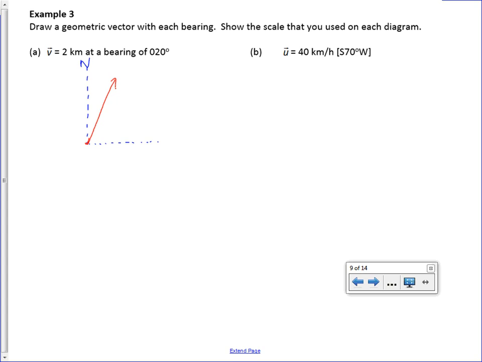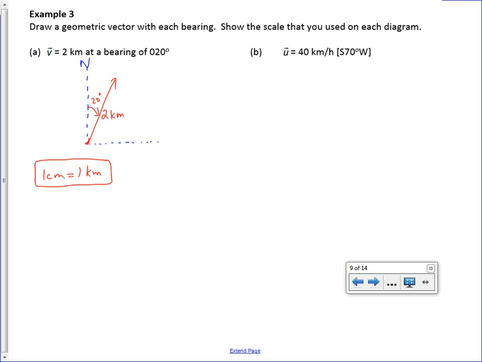And I'm going to write 2 kilometers next to this, and 20 degrees next to that. That is what I'm looking for picture-wise. Then it says show the scale you use. So you're just going to say 1 centimeter is equal to 1 kilometer. That's like your little good old legend. Remember legends?